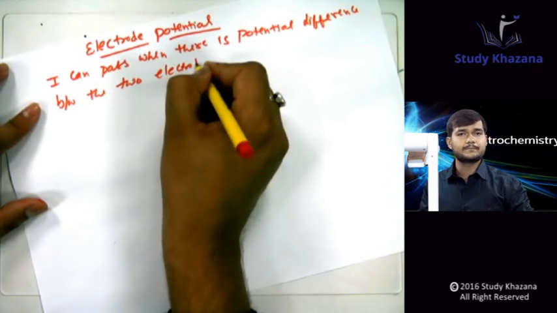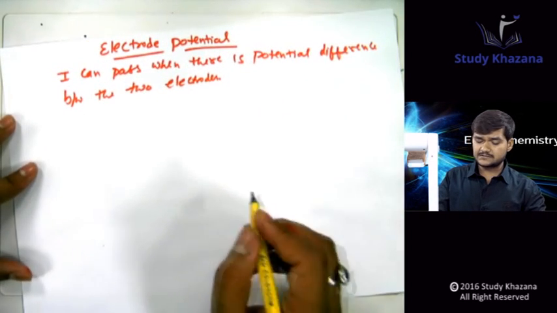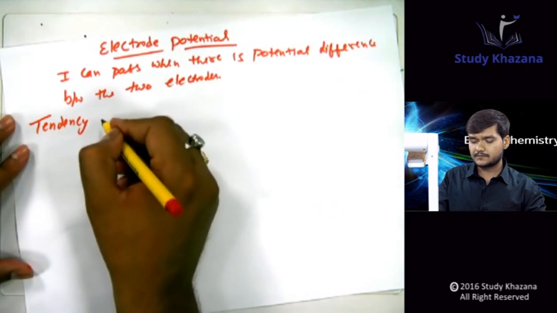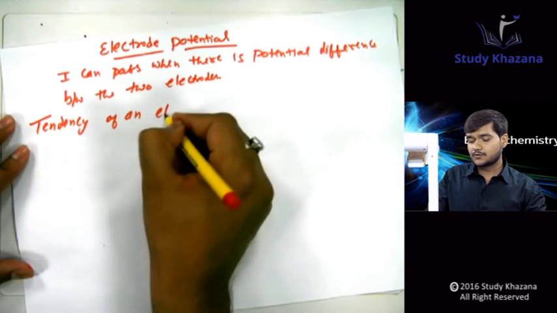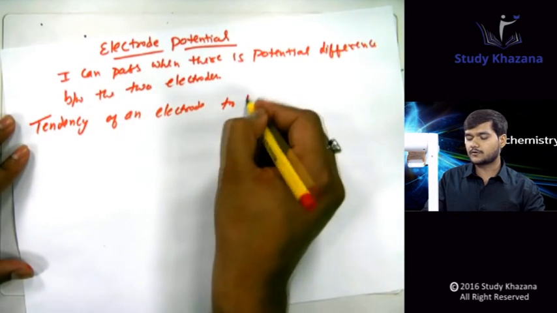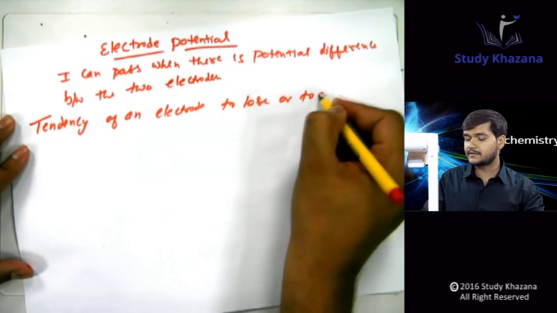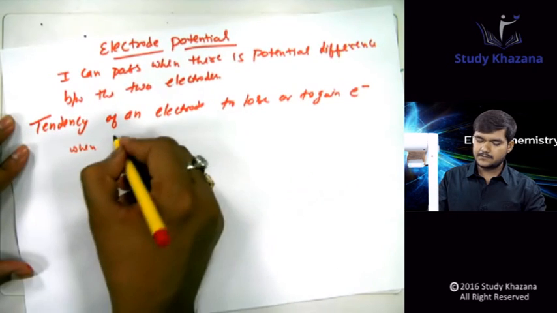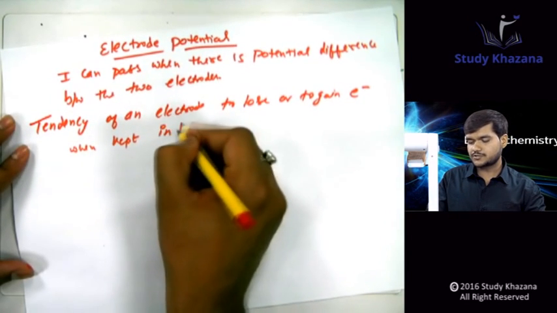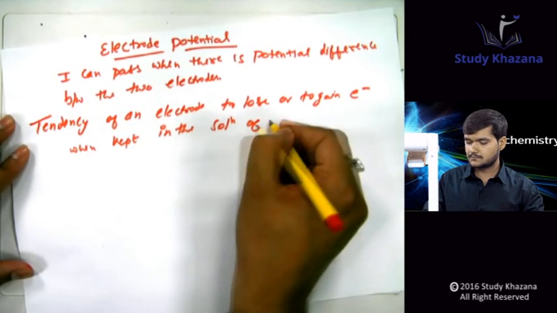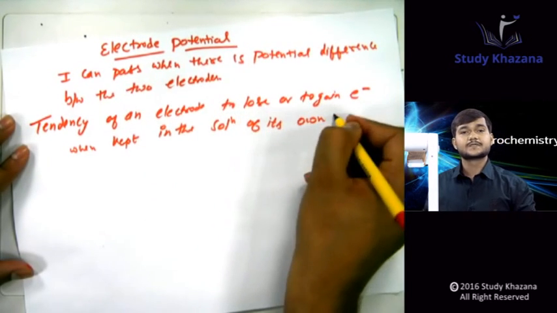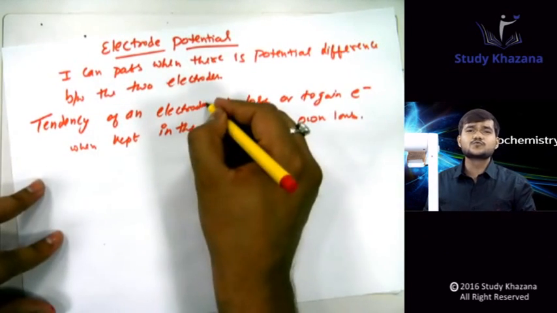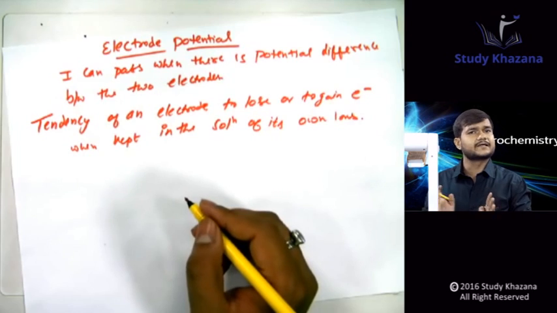Now there is a tendency of an electrode to lose or to gain electrons when kept in the solution of its own ions. So it is a tendency of an electrode. We cannot make any electrode lose or gain electrons. It depends on the electrode only.